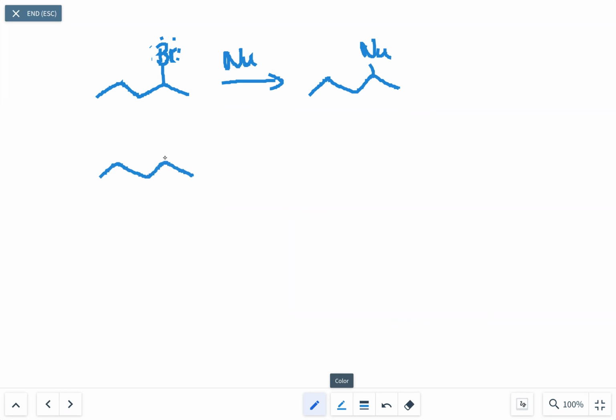And if you've got a hydroxyl group, what we're going to see is that you can do SN1 reactions with these using acids, because we can protonate that OH group to convert it into a good leaving group.